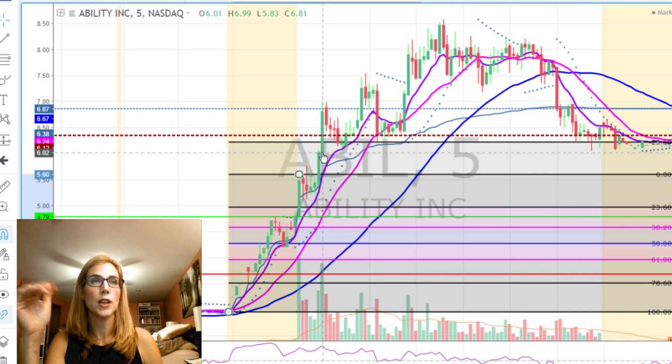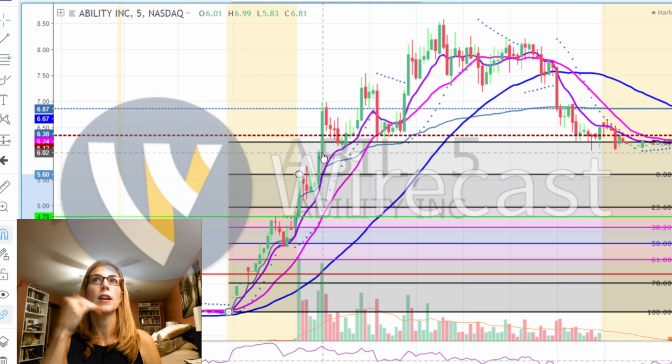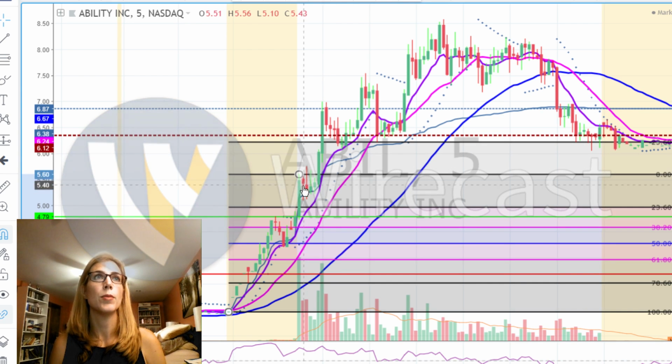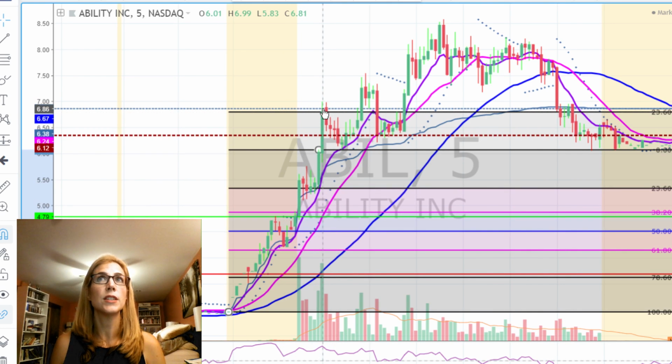You guys know whole numbers and half dollars are mental resistance, and people are like, I got in at 5, I want to get out at 5.50, I want to get out at 6, I want to get out at 6.50. So I put my stop in at 6.49, and then you can see I put it up here to the high of this candle, 6.07, and sure enough, it went up just above.